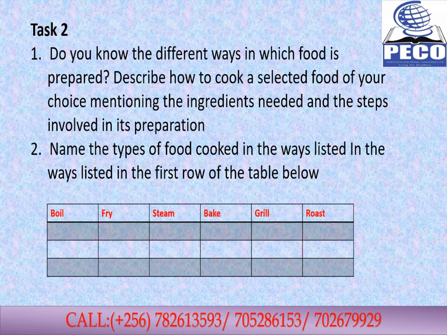It will be very important first for you to identify the different words, that is boil, fry, steam, bake, grill, and roast. What do they mean? Because someone can easily say, but what's the difference between grilling food and roasting food?